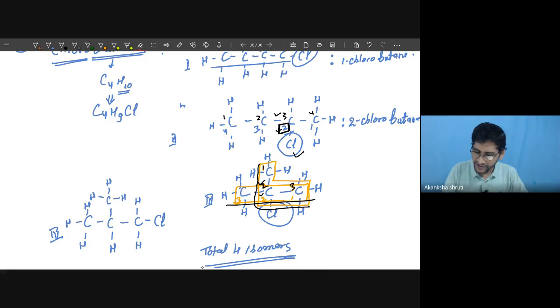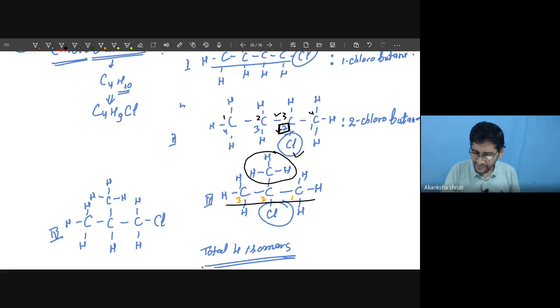More detail we will learn tomorrow. By that you are able to understand everything very easily. So students, I am considering here the straight one. For a straight one, the numbering can be from any of the places. You are always getting the 2. And this is taken as another methyl.